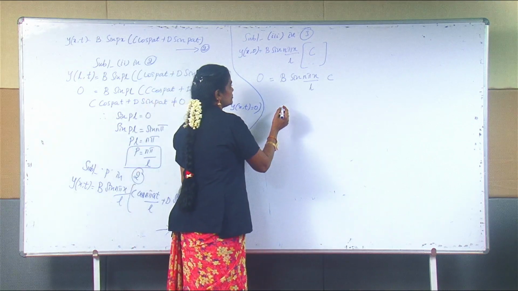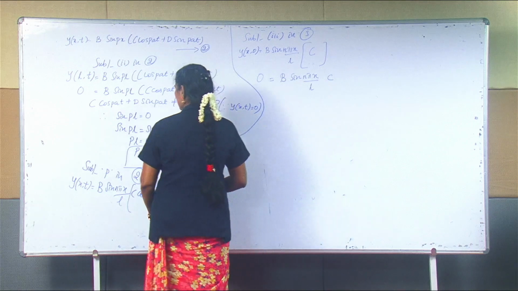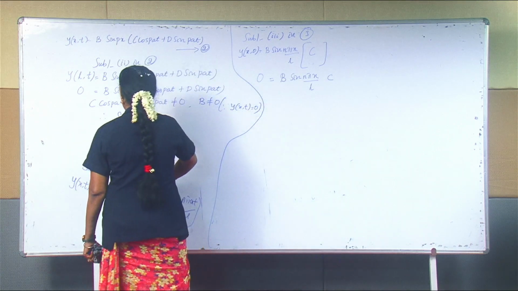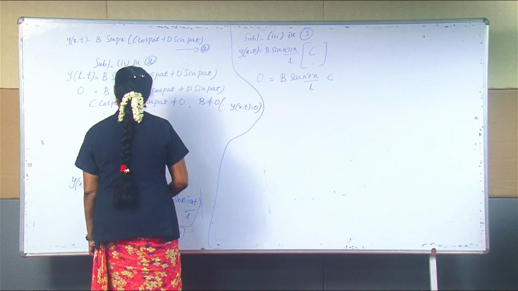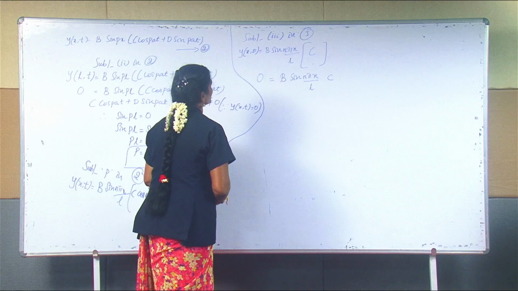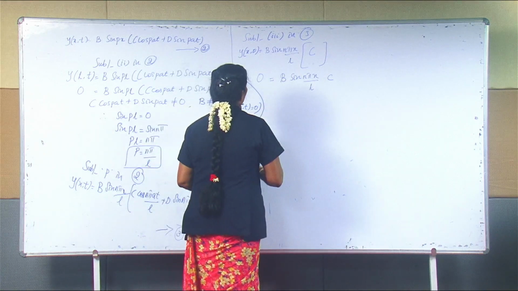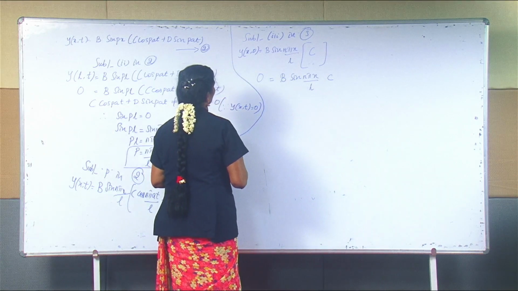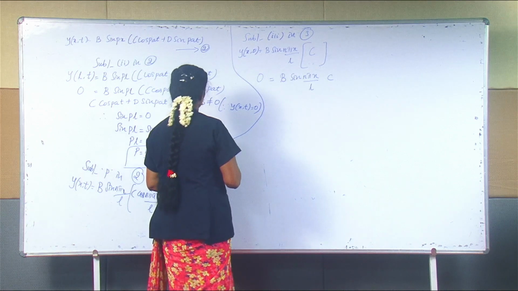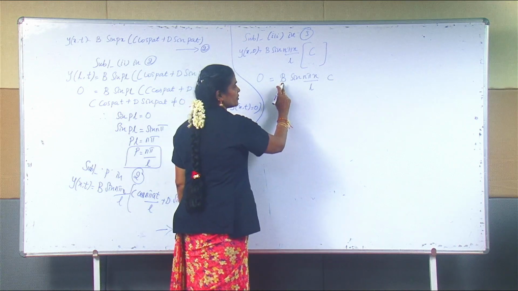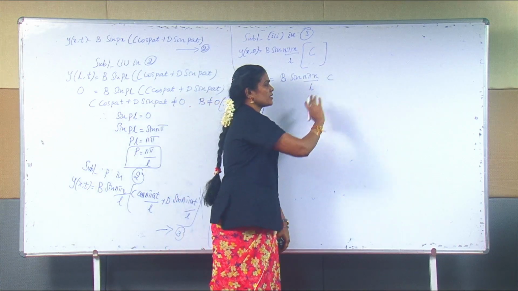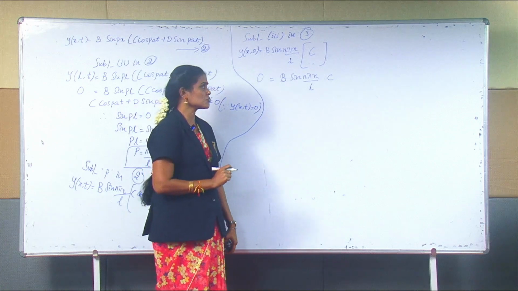So here we have three possibilities. So here b value is 0 or sin n pi x by L is 0 or c value is 0.